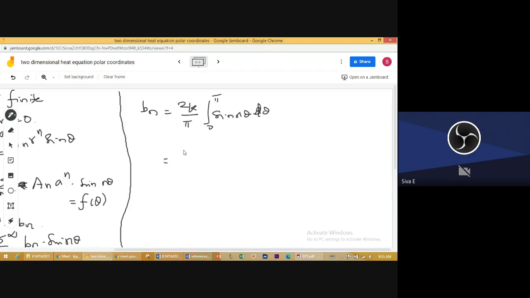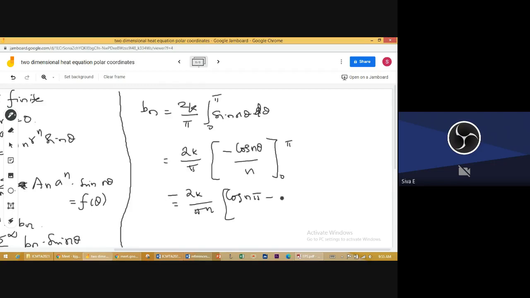So 2k by pi, integration of sine n theta is minus cos n theta by n from 0 to pi. So 2k by pi n, minus, take it outside, cos n pi minus cos 0.